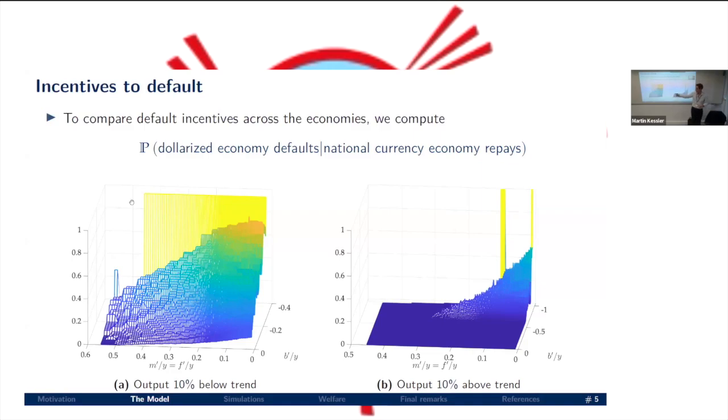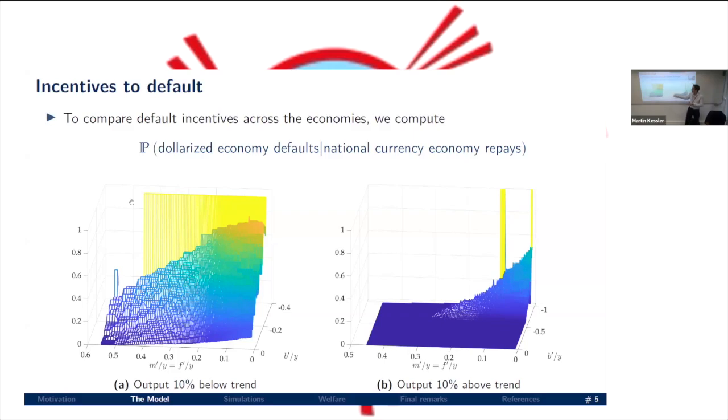And the picture on your left is the low output level. What we see is that, okay, I don't know how clearly you can see this, but as you have more debt, the dollarized economy has a higher incentive to default. And we see this with this probability, which is reaching 0.6, 0.8. And this happens when you have low output.